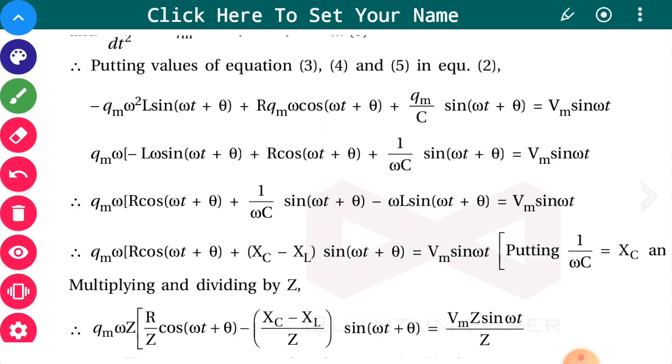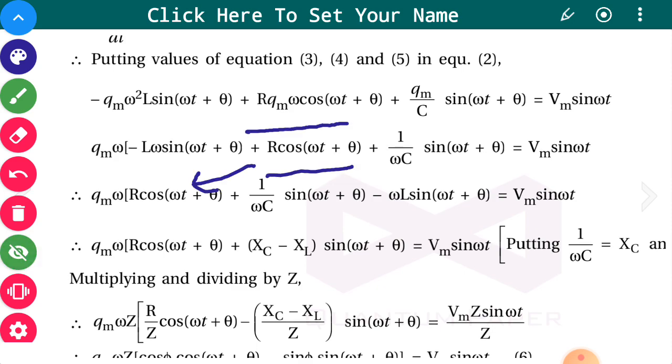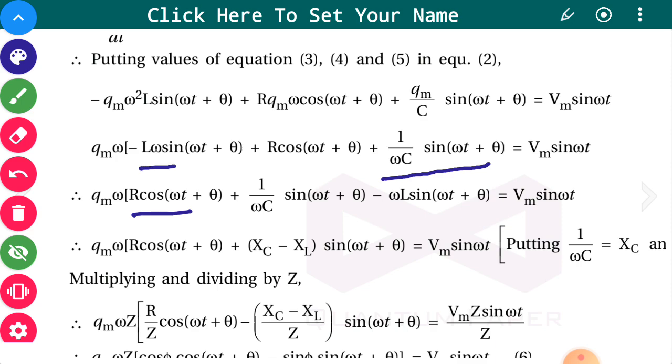Just the order has been changed. R cos omega t plus theta is taken first. Then this is taken, plus 1 upon omega C sin omega t plus theta. Then minus L omega sin omega t plus theta is equal to Vm sin omega t.